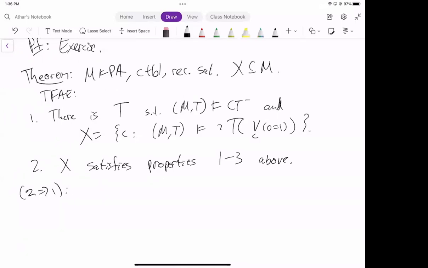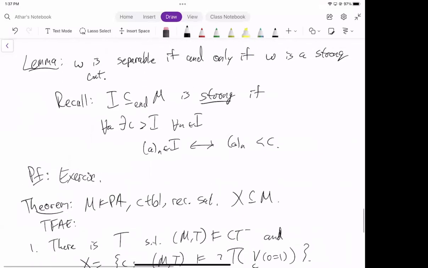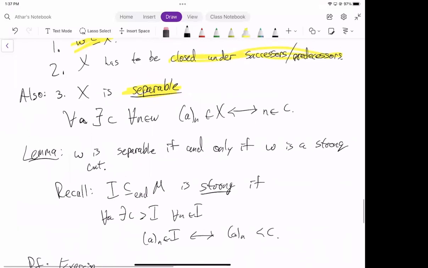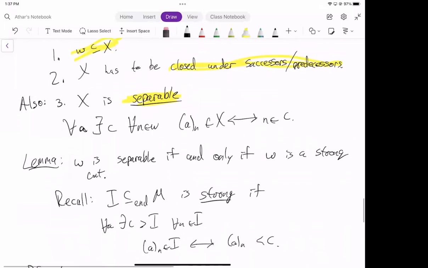All right, so as I mentioned, a lot of this is due to Jim Schmerl. I'm basically going to give the treatment that Jim gave for this argument, with the modification that he was specifically looking at cuts.